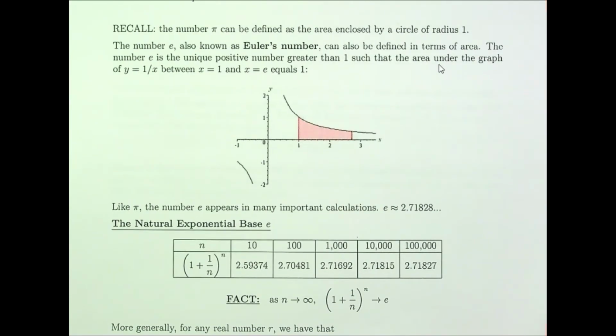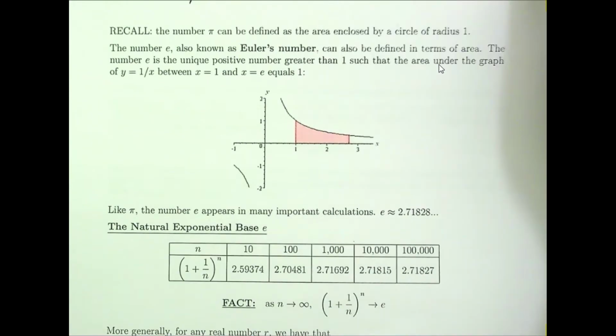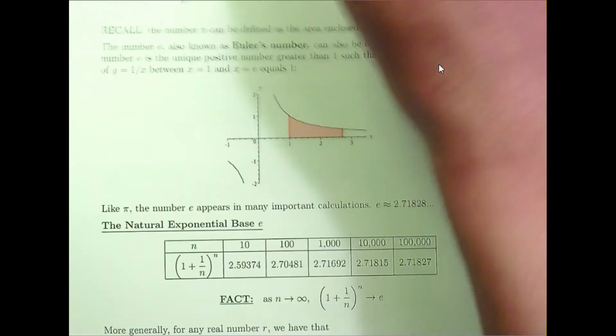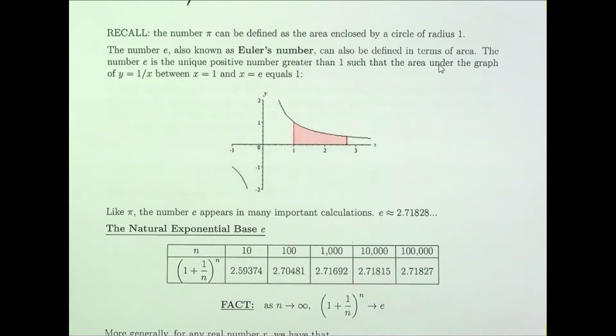Now we need to talk about one very important, special number in math that is called e. The number pi is a very important number in math, and it can be defined in terms of area. The number pi is actually just the area enclosed by a circle of radius 1.